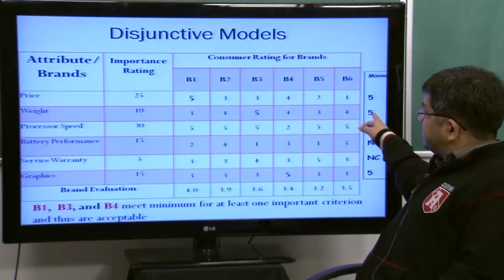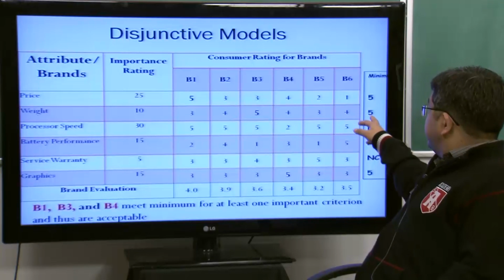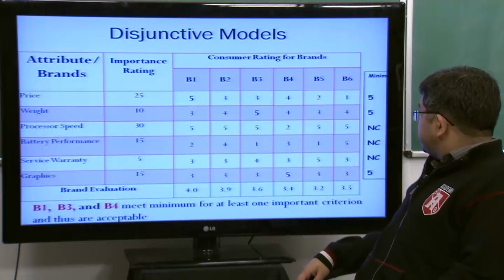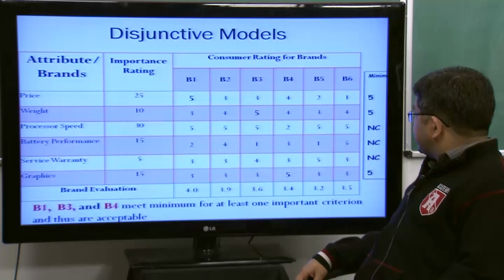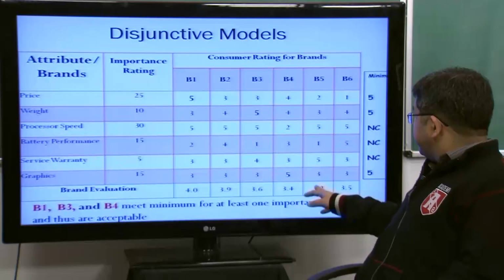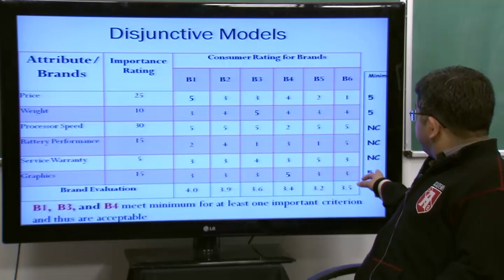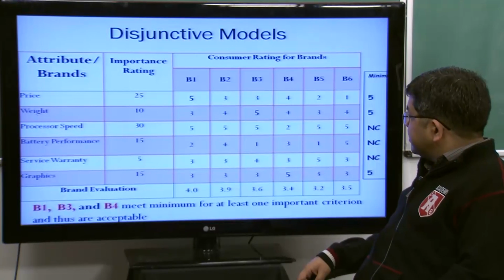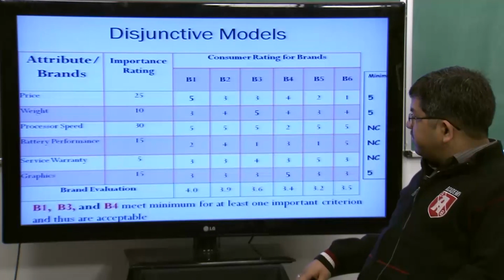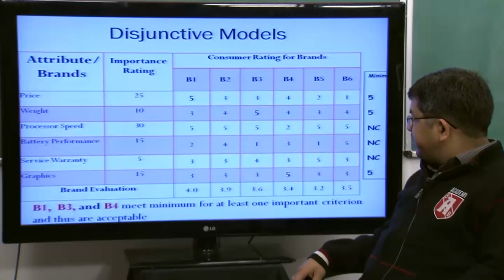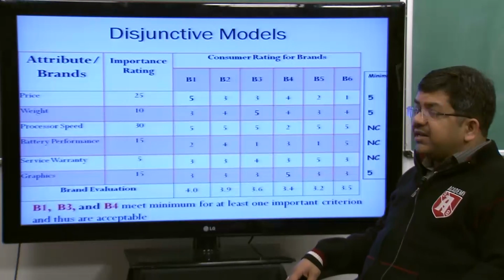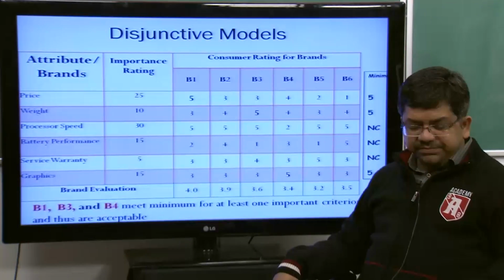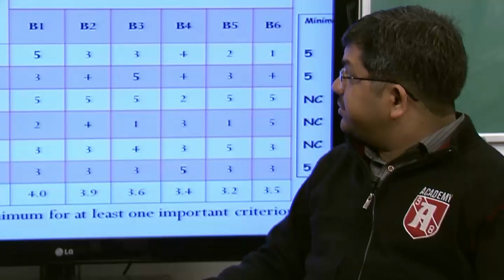When we look at weight, B3 is doing as good as the minimum value, and when we look at graphics, brand B4 is doing as good as what is required. So, based on this, B1, B3 and B4 meet the minimum for at least one important criterion and thus are acceptable. So, the consumer can choose any one of them if he is using the disjunctive rule.